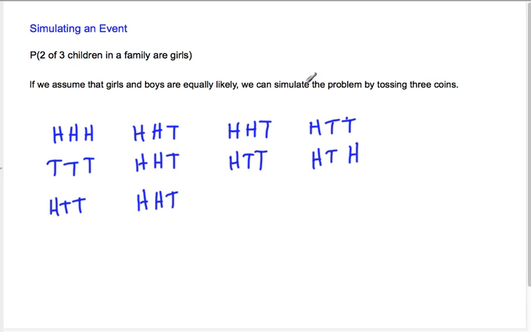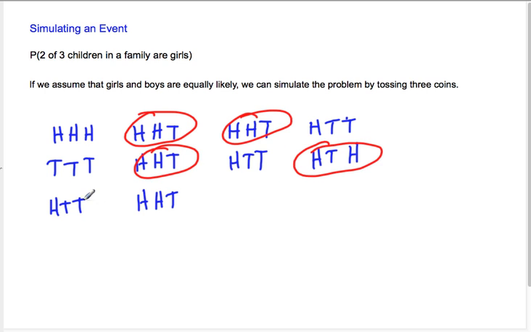So if we assume that girls and boys are equally likely, we can simulate this problem. So the probability that 2 of 3 children were girls or were H's, and we can figure this out. So that happened here, it happened here, it happened here, it happened here, and it happened here. So 1, 2, 3, 4, 5 times out of 10.